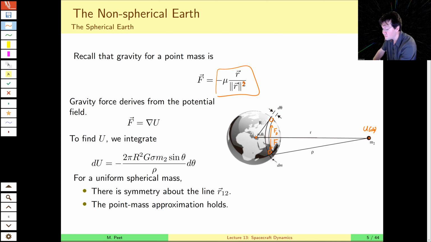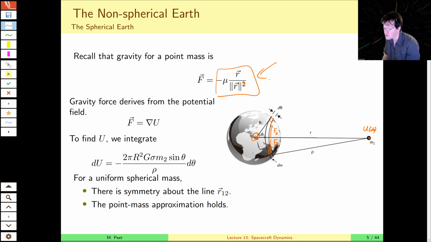So what we got was that we could assume that all of the mass of the Earth was centered at a single point right here, and just use that sort of infinitely small dot to calculate our gravitational force, which is where we got that.